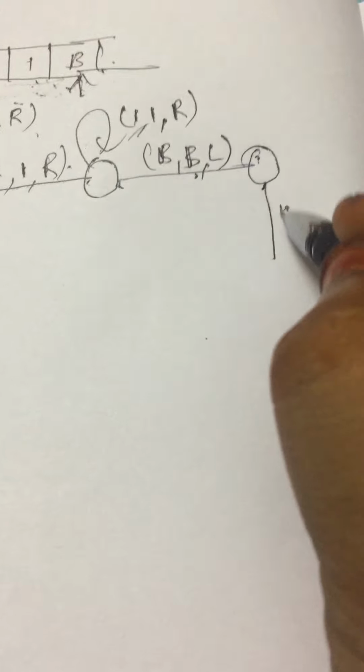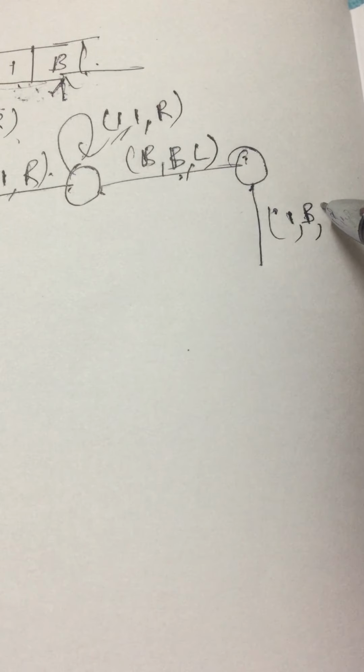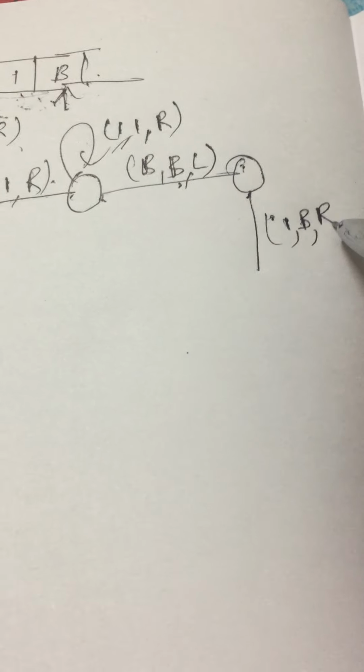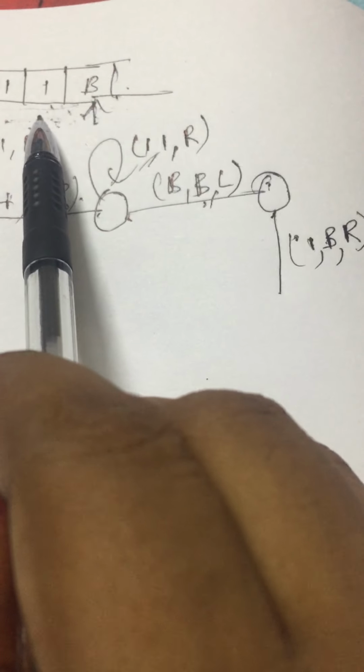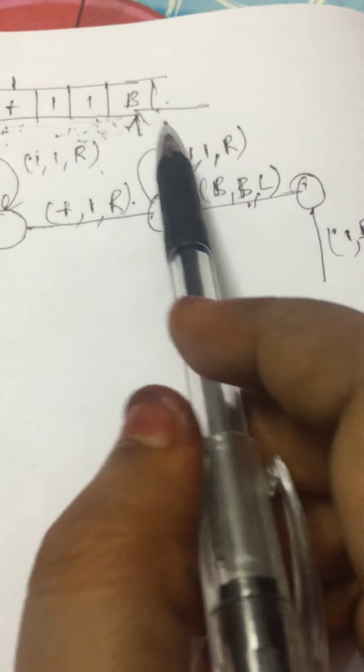So the present input symbol will be this 1. It should be converted to blank symbol and we move to the right direction. Why right? After converting this 1 to the blank symbol, the answer is obtained there. That means 5 ones have already been obtained in the input tape. Now we should move to the right towards the blank symbols.